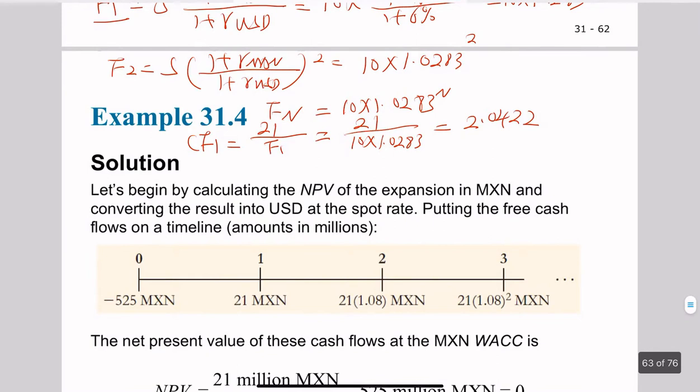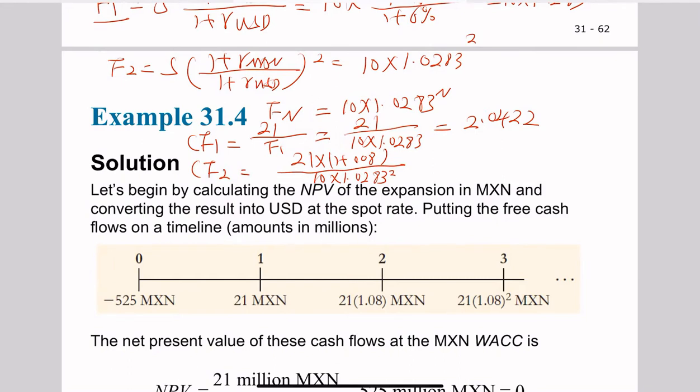And then we can calculate the CF2, right? To calculate the CF2, you have to think that the cash flow grows at 8%. So it's 21 times 1 plus 8% divided by the forward exchange rate in the second year.